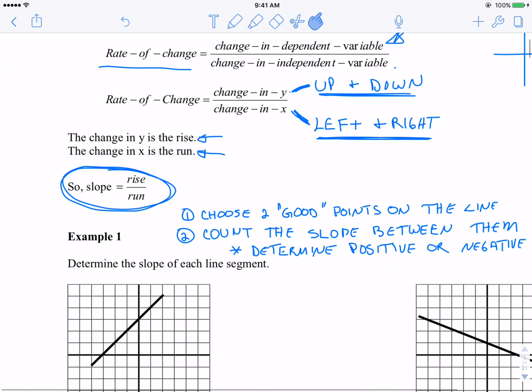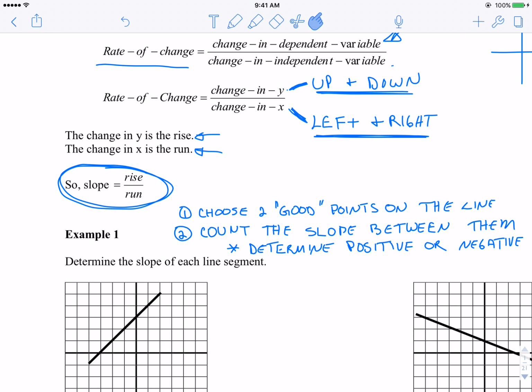Couple of points here when we're looking at slope that you should remember. In order to calculate slope or figure out slope from 2 points or from a line, we need to choose 2 good points on the line and then count the slope between them and make sure that we're determining whether it's positive or negative. Now, choosing those 2 good points, what do I mean by good points?